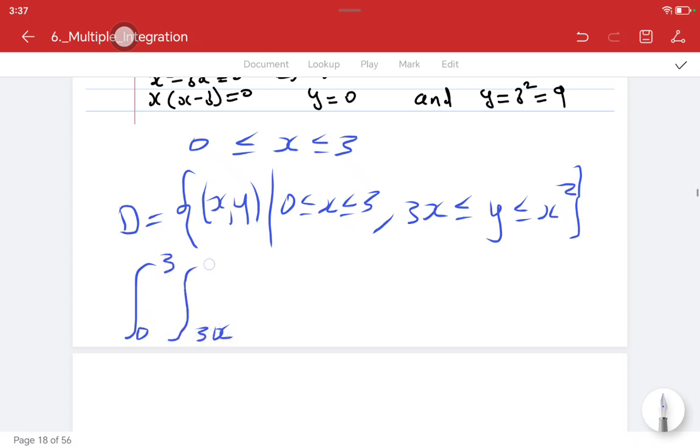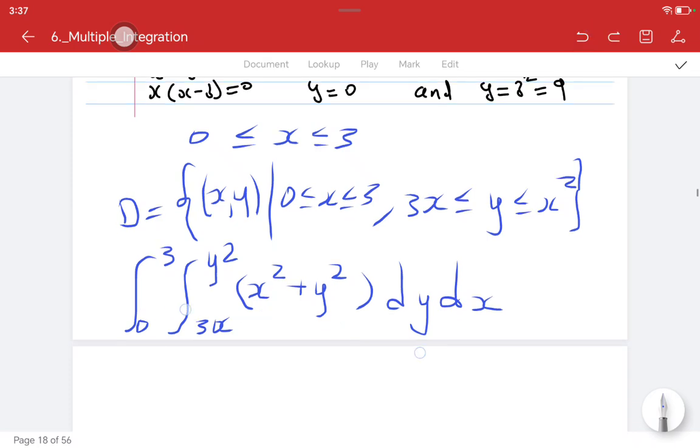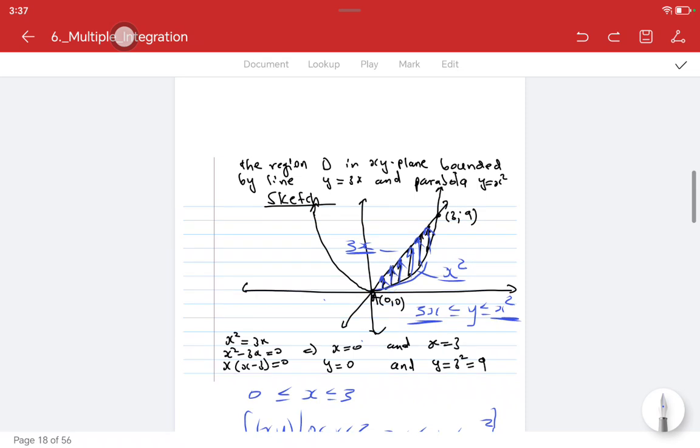We don't just change, right? The integrand is x squared plus y squared. The one inside is with respect to y, outside with respect to x. It's going to be simple to integrate. This will just be x squared y, and this will be y cubed over 3. There's no need for us to change to a type 2 region, so we'll just keep it this way.